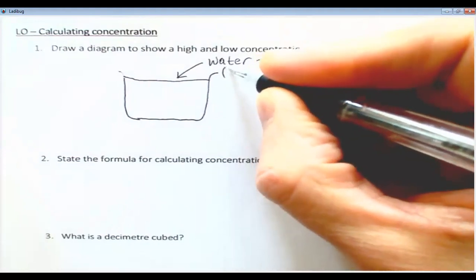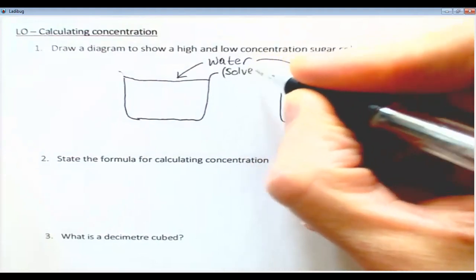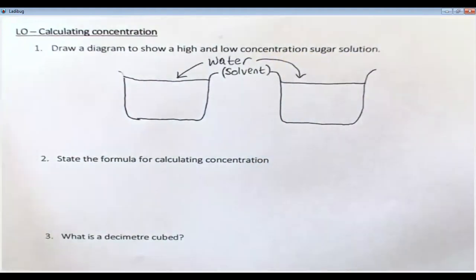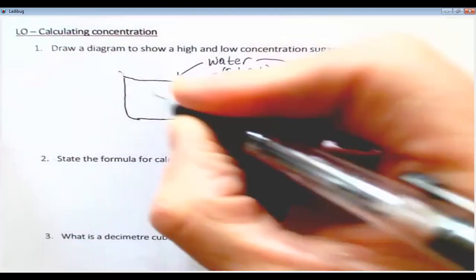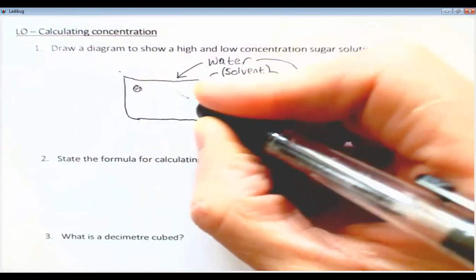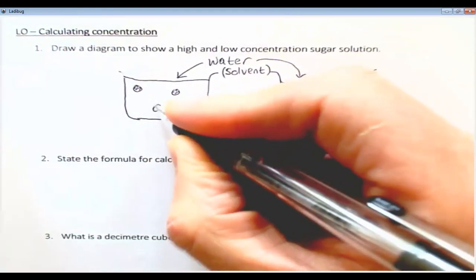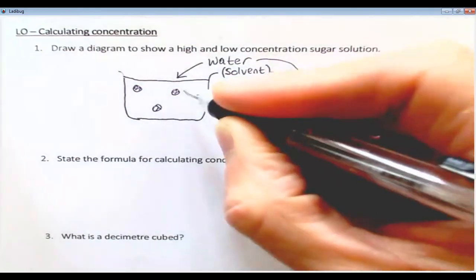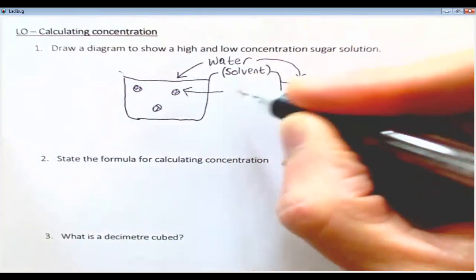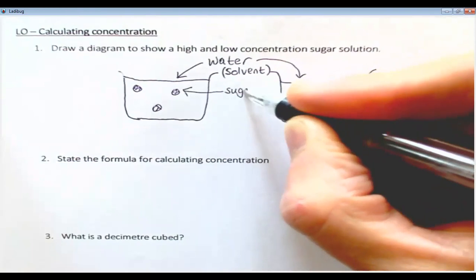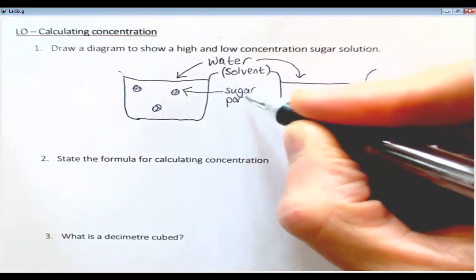And the water is what we call the solvent. It's the thing we're going to dissolve something in. And the thing we're going to dissolve in these two beakers of water is sugar. And those are sugar particles.